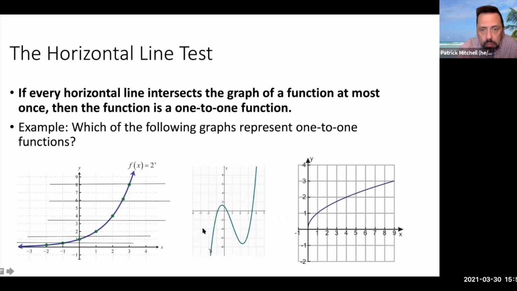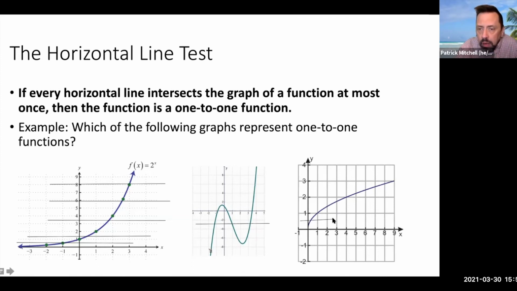However, the second one is not a one-to-one function. It is a function. It passes the vertical line test, but I could draw a horizontal line, for example, right here, and it hits 3 points. As long as it hits more than 1 point, it is not a one-to-one function. And then finally over here, this is the graph of the square root function.